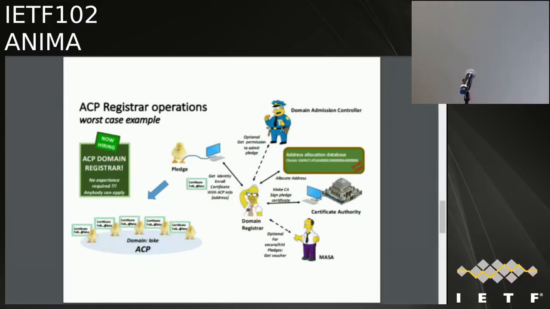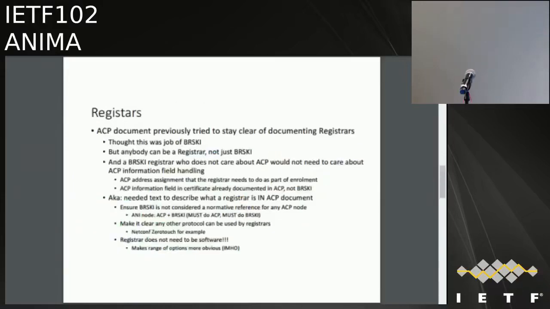So first you figure out the identity of the pledge. Then you basically ask somebody, hey, is this pledge allowed, right? Then you basically need to also give it an address, right? The certificate in the ACP has the ACP address, so you need to do some address management, right? So a whiteboard will do fine, right?